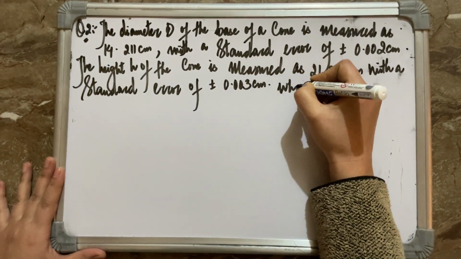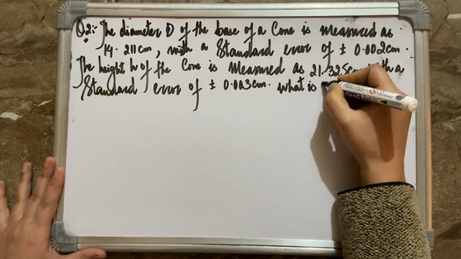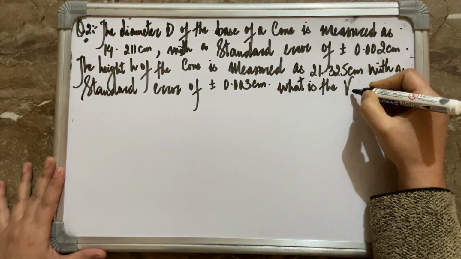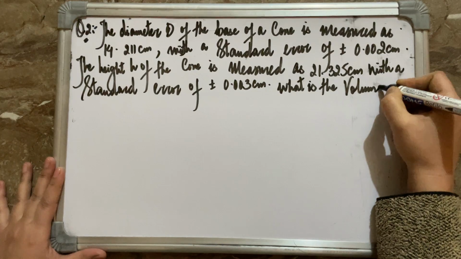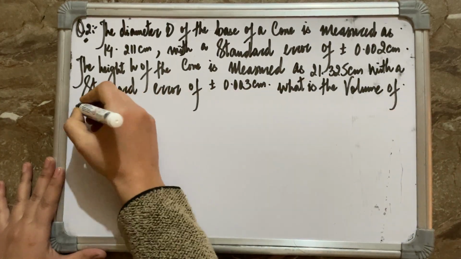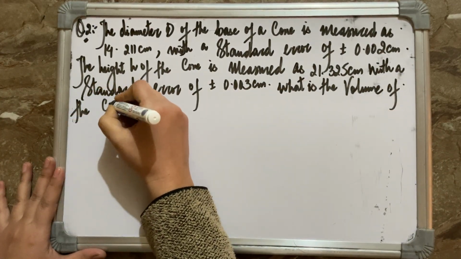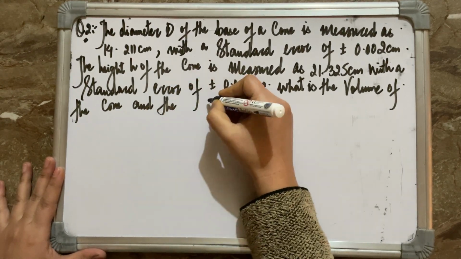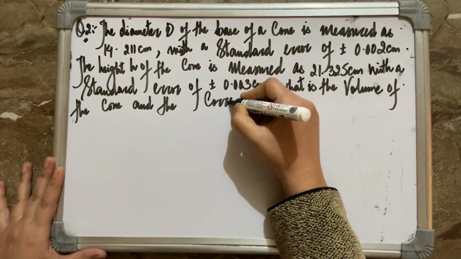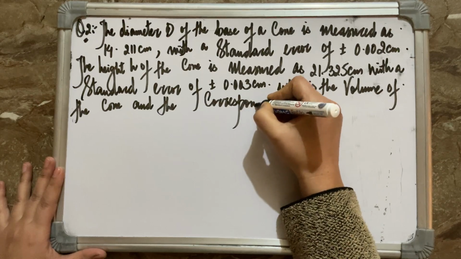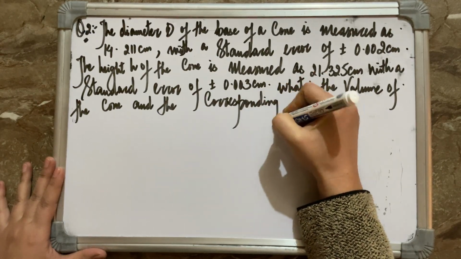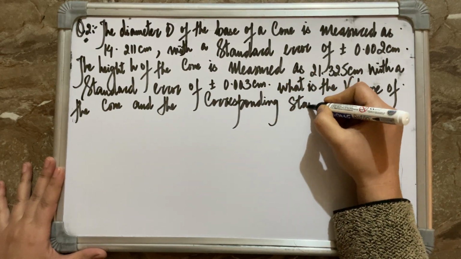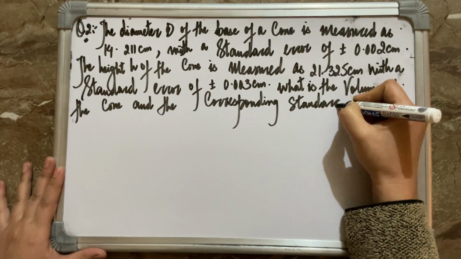What is the volume of the cone and the corresponding standard error?